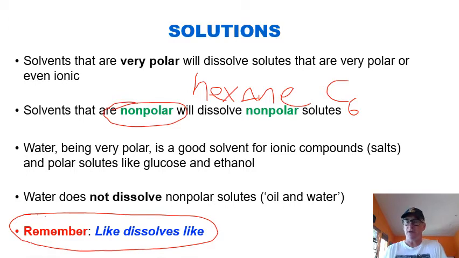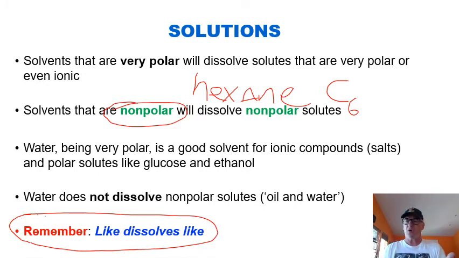It's completely nonpolar. And so if we were to take something like sugar and try and dissolve it in hexane, it's just going to settle to the bottom. It's not going to dissolve. Salt poured into hexane is not going to dissolve. It's also going to sink to the bottom.